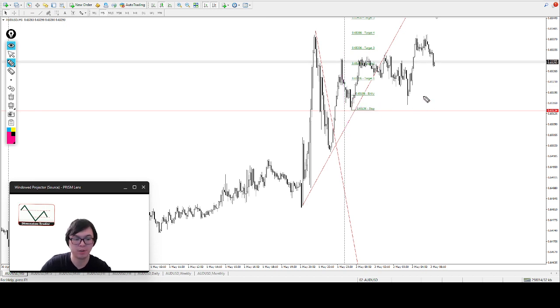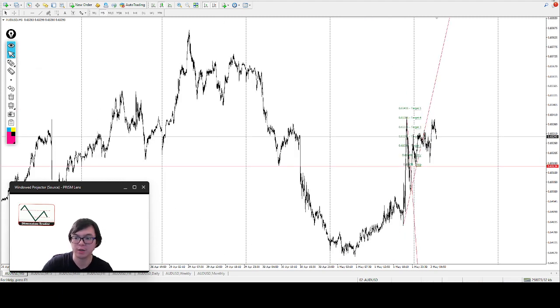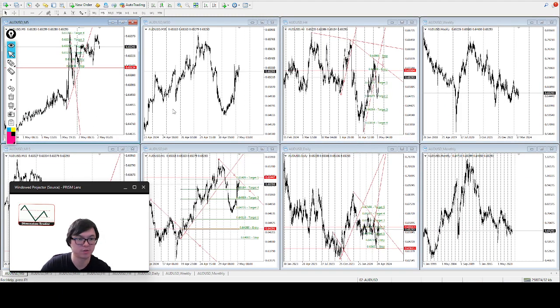So this is pretty much all the styles of trading that I can put out today, May 1st, 24, for the Australian dollar.